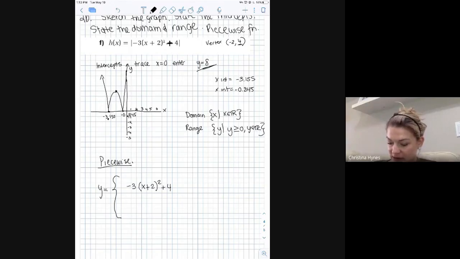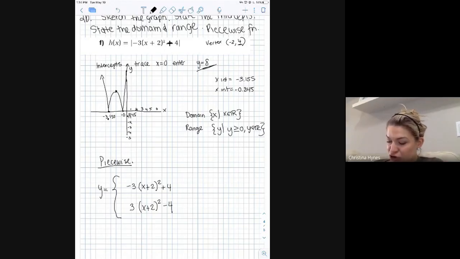The opposite of this will be +3, because a negative times a negative becomes positive. (x + 2)² will not change, but then this +4 becomes -4. So that's what you need to remember about vertex form: the a value and the q value are only affected when you distribute a negative in there.